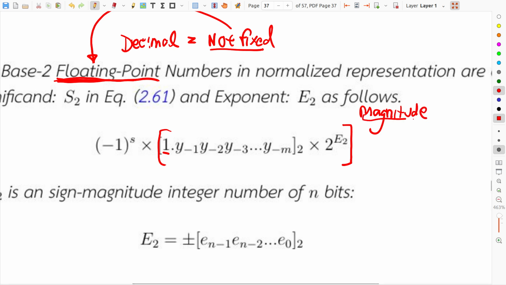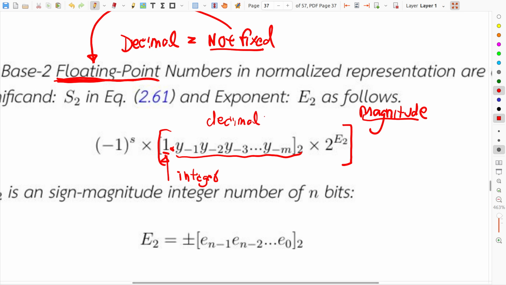The magnitude consists of the integer part, followed by a decimal point, followed by the decimal part, and a multiplication sign, 2 to the exponent in base 2.